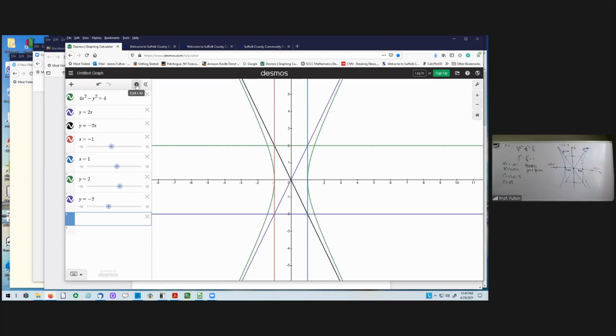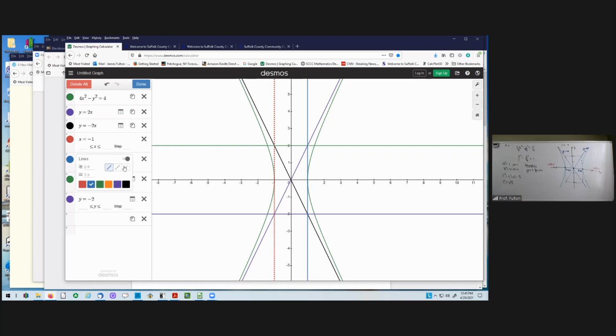What I could do is at least make them a little less cumbersome. And I could also change my asymptotes to make them different. So there they are. There's that little box I'm talking about.